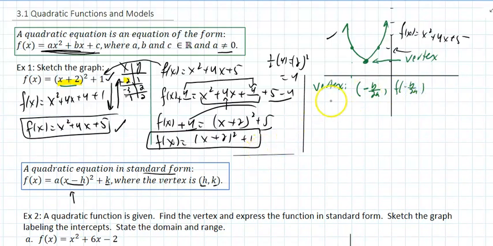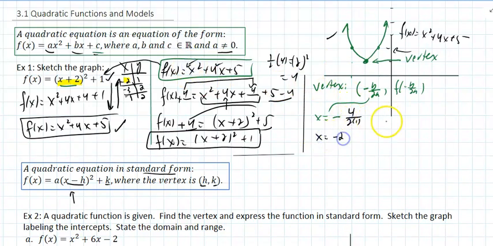Meaning what? Well, if I want to find the vertex of this, the x coordinate of the vertex would be -b over 2a, remember ax squared plus bx plus c. So b is, in this case, a 4, over 2 times a, and a happened to be a 1 in this case, so the x coordinate of the vertex is -2.